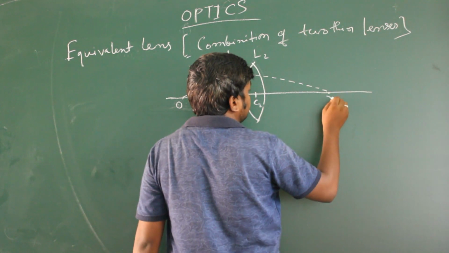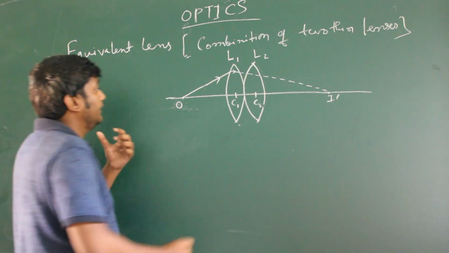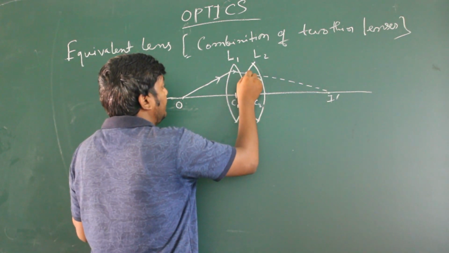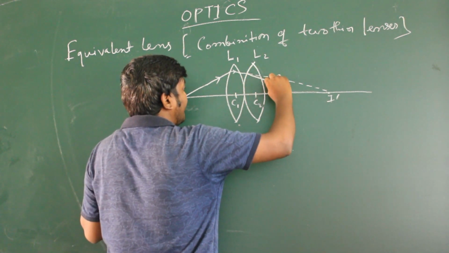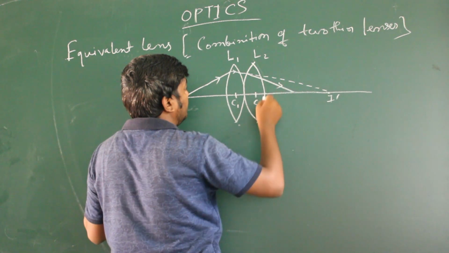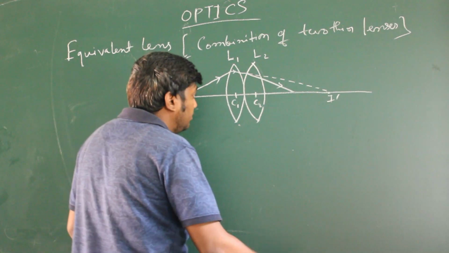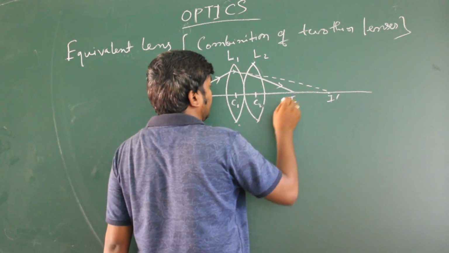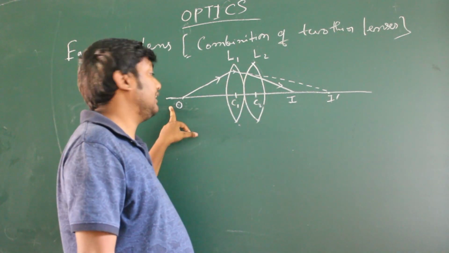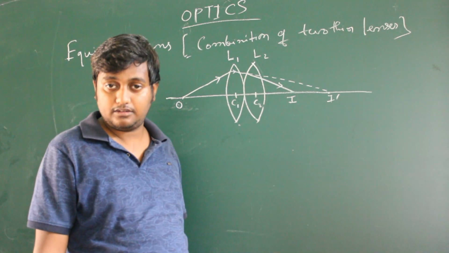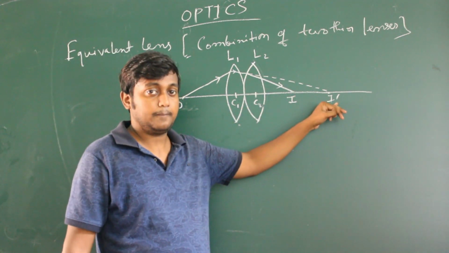For lens 1, the image will be I dash. For lens 2, I will be the image of object O. O is the point object and I is the final image.